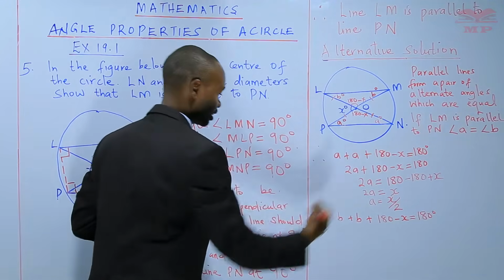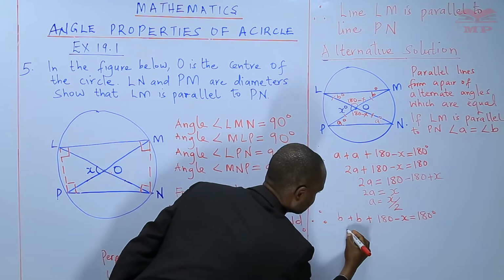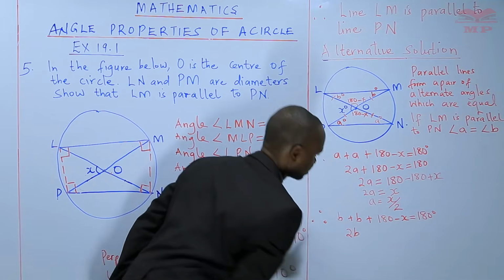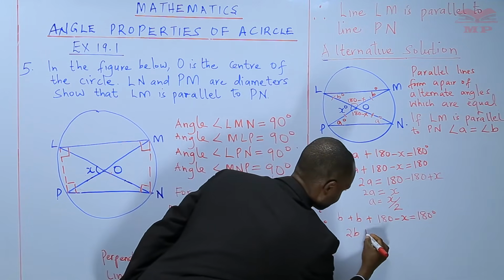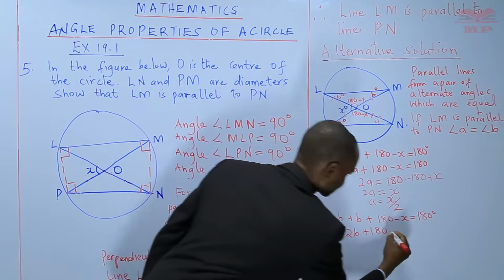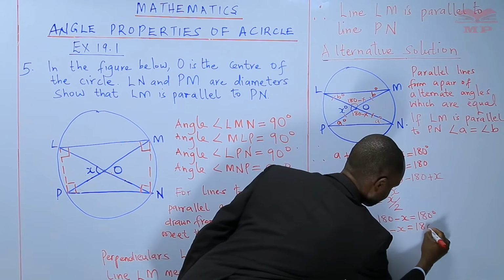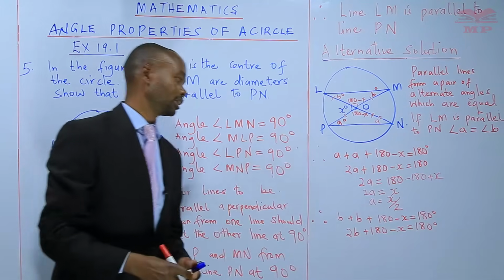So let's move ahead with the equation. B plus B, 2B, plus 180 minus x should give us 180 degrees.